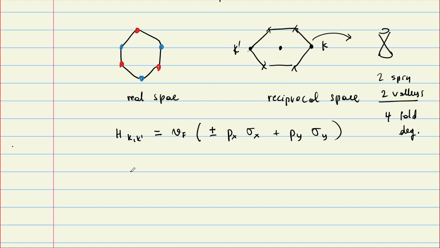So what we'll do is what we did before. P will go to P minus e over c times A. The valleys: this is a Brillouin zone, right? There are 6 points in the Brillouin zone where the valence band and conduction band touch.